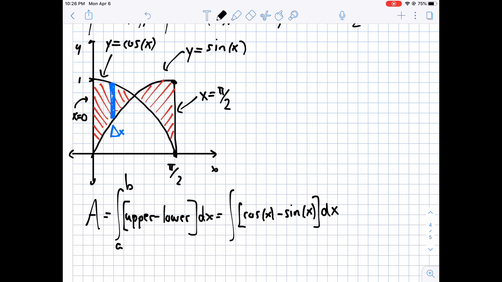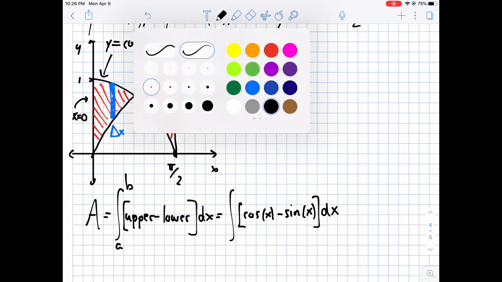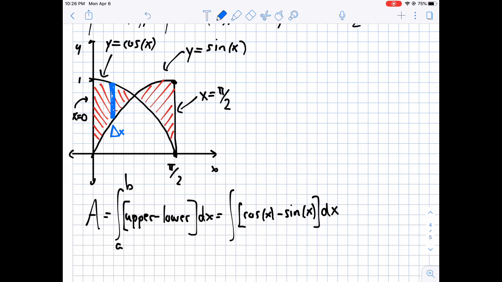Well, you have to realize that the way that we've drawn this, yes, we have two different regions, but the statement that the upper function is cos x and the lower function is sine x is only valid from here to here. There's my upper function cos x, and there is my lower function sine x.